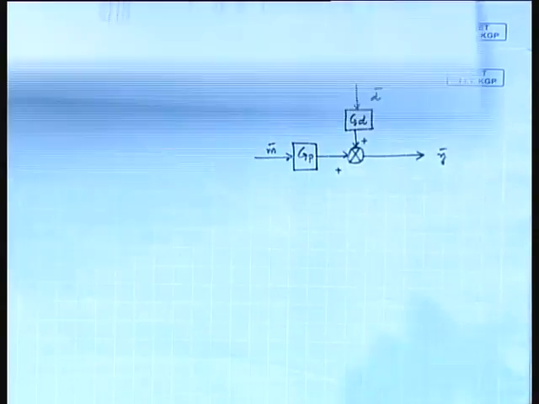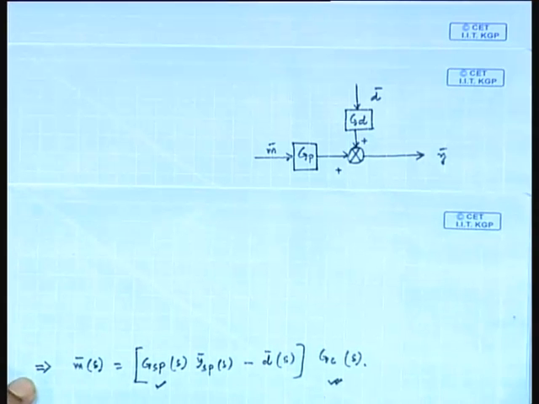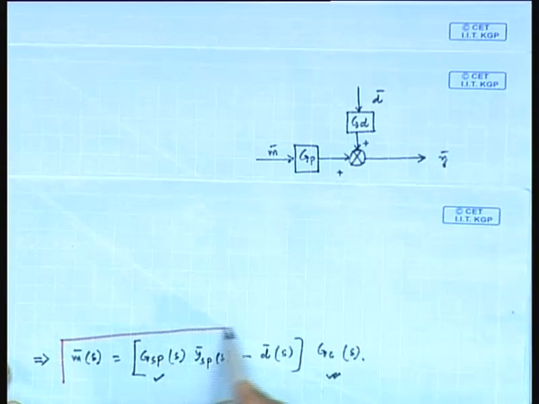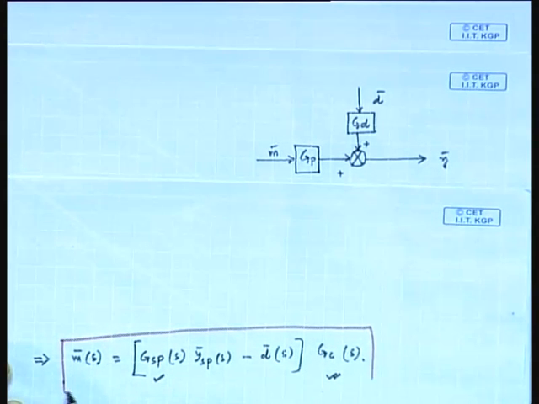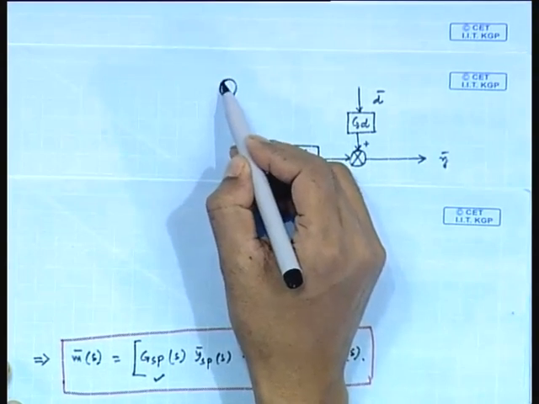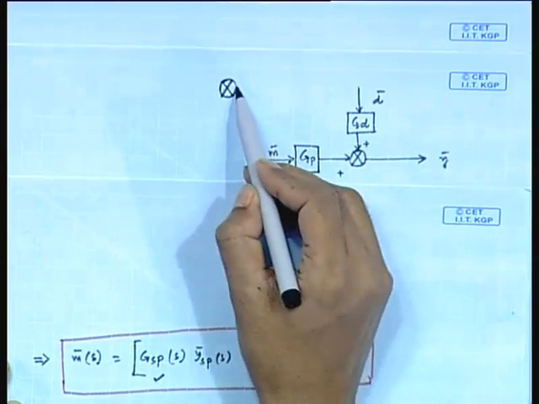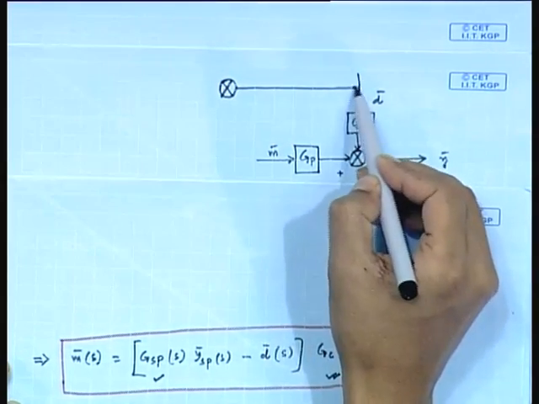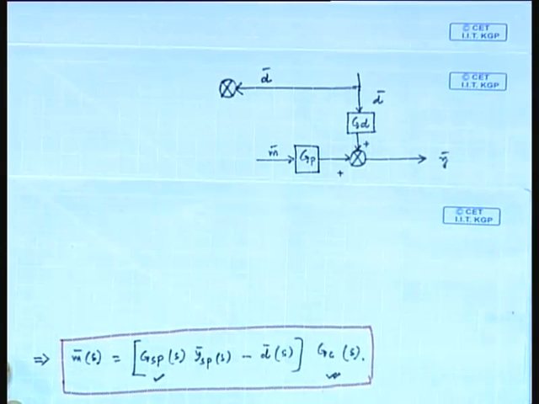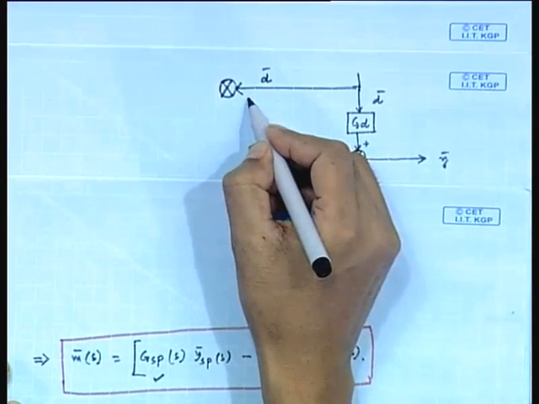You see the expression. This is the expression of the feed forward control scheme. This is a comparator. This is D. See here minus D is involved. So, we can put here minus sign.